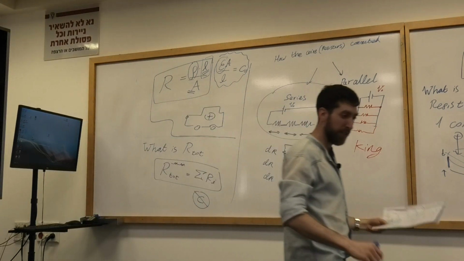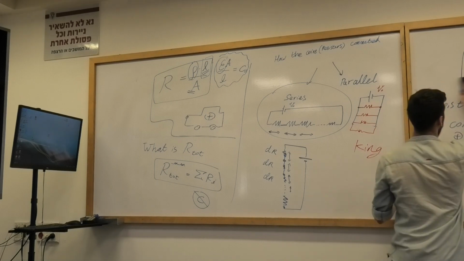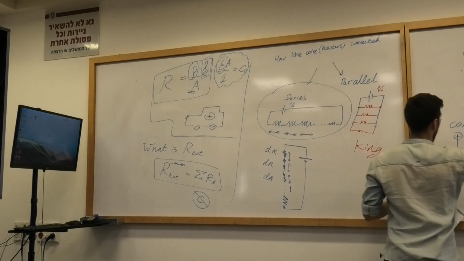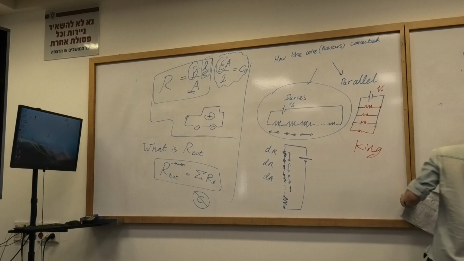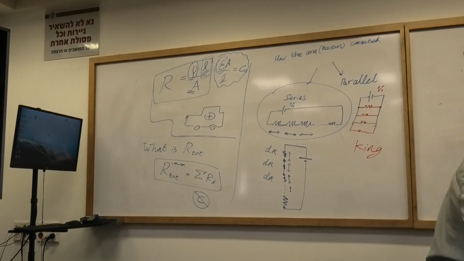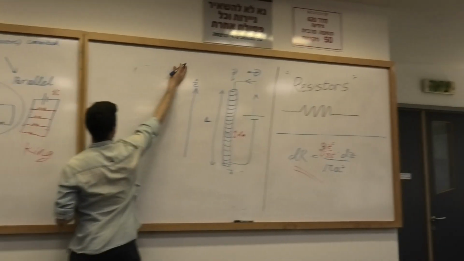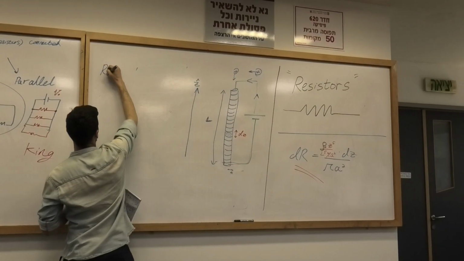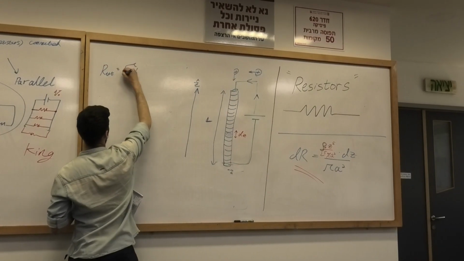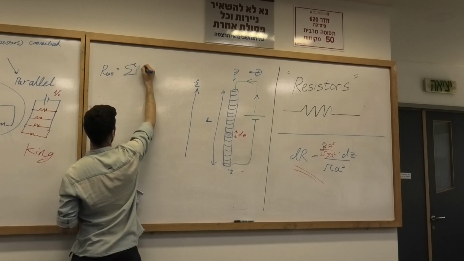Nice. So let's calculate it. I'm going to clean this. So in our case we know the resistance, right? R total is equal to the sum of all the small resistances that we have.